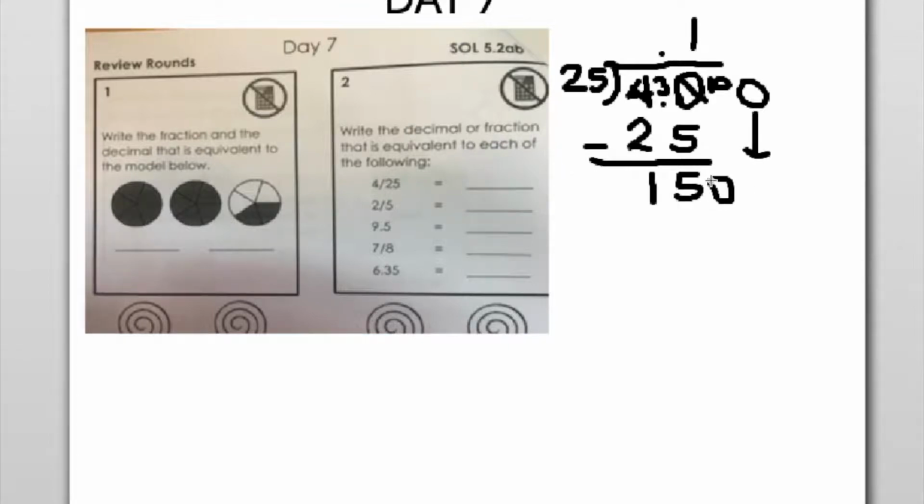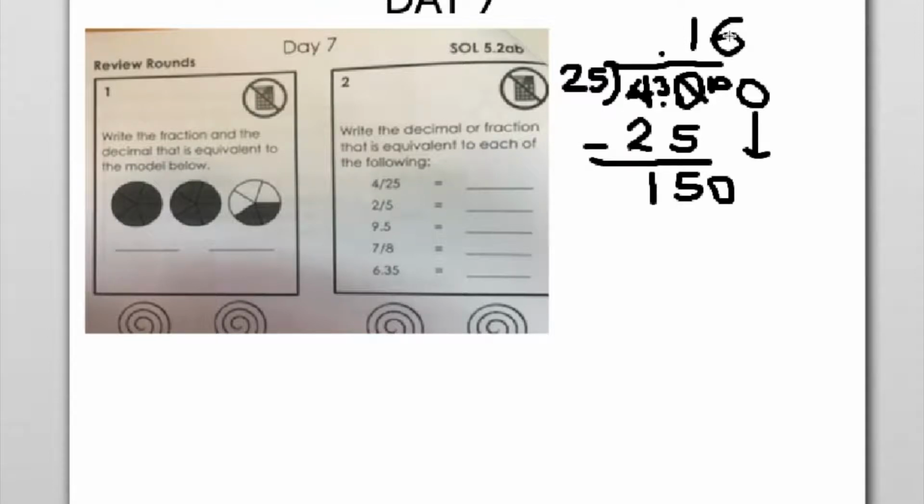25 goes into 150 how many times? Well, I like to count by 25s. It's sort of like counting by quarters, like money. I start with 25, then I go to 50, 75. I've hit $1 or 100. Then 125, and then 150. I look at my hands and I have a total of 6. 6 25s equal 150.